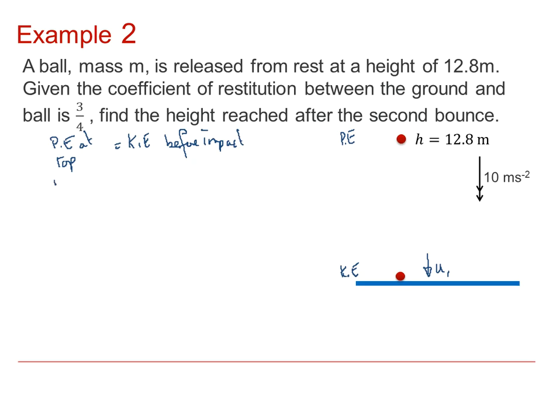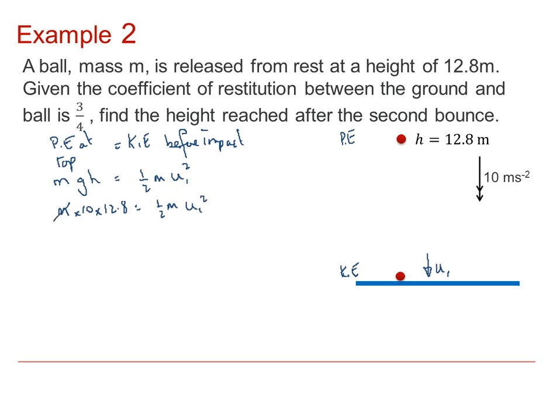Therefore mgh is equal to 1/2 mu1 squared. Putting in the values, we're asked to take g is equal to 10, so we've got m multiplied by 10 multiplied by 12.8 is equal to 1/2 mu1 squared.